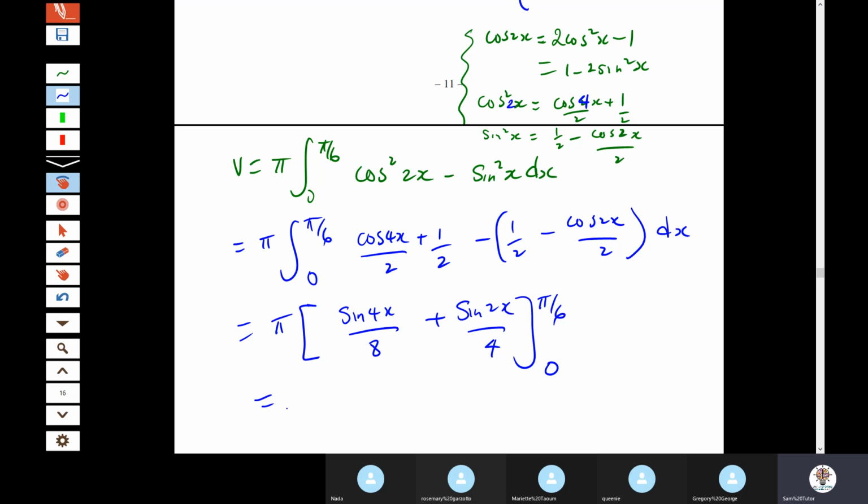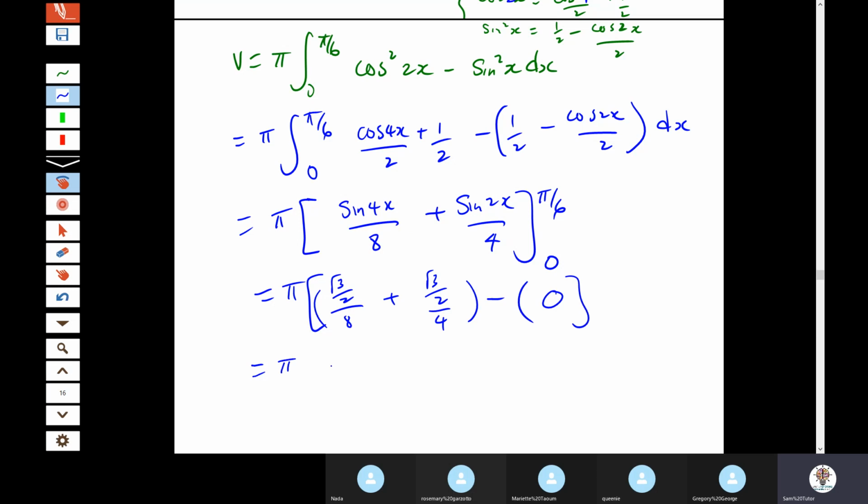All right, you said it's 30 degrees, so 4 times 30 degrees. Sine of that, ugh. Root 3 on 2, so root 3 on 2 on 8, plus sine 60, root 3 on 2 on 4, minus sine 0 is 0. Okay, that's all 0. So what do we get?